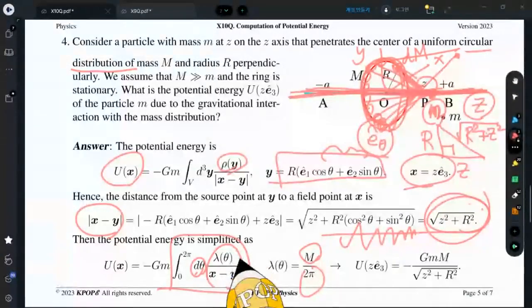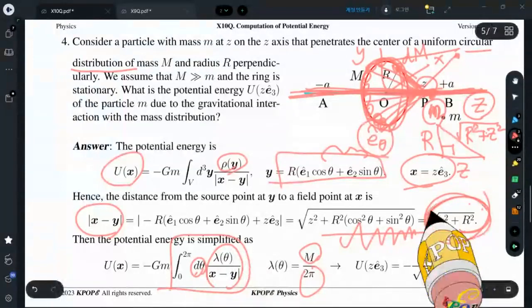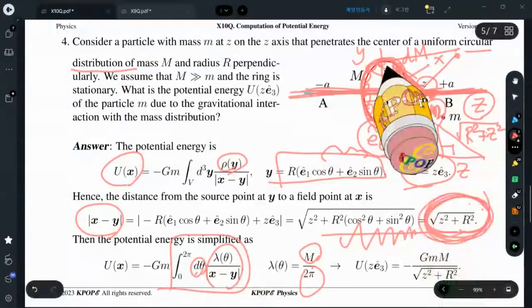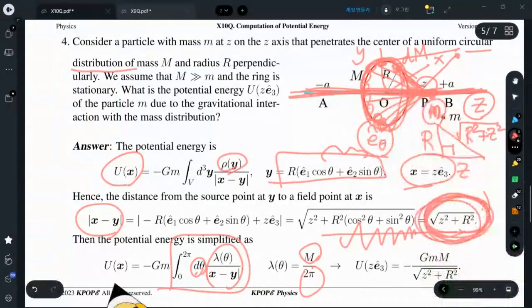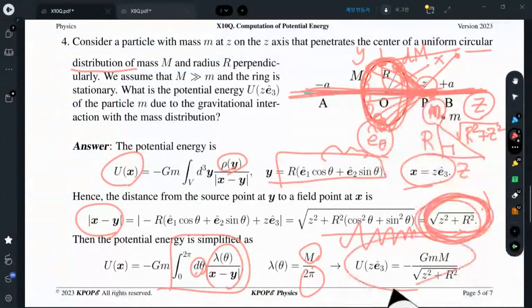It is just a simple multiplication. So finally, what I have found is that the distance from any point to this small mass is constant, and potential energy is completely determined as this.